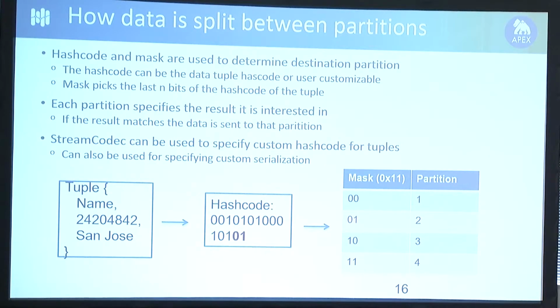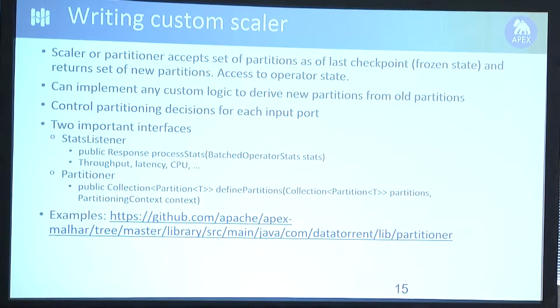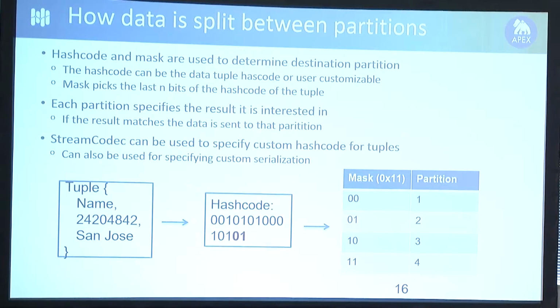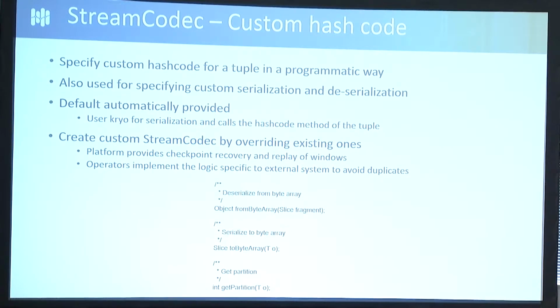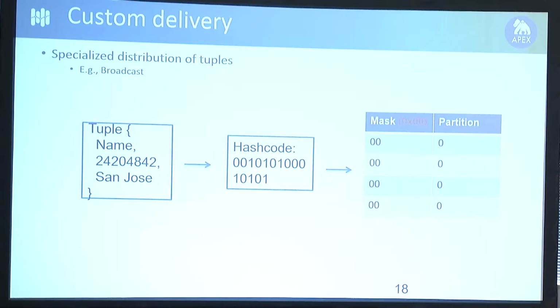And this mask and the resultant partition where it goes to can also be controlled by the custom partition. So the define partition method, when it returns, not only returns the operators to deploy, but it also returns this map of what you want. One example: let's say you want a piece of data that's emitted to go to all downstream partitions, like a broadcast.